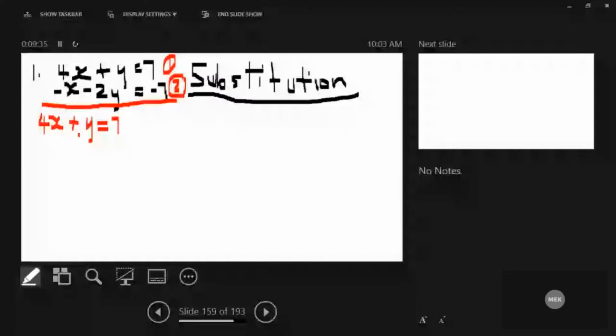Now I'm going to transpose to make y the subject of the equation, which means I'm going to move the 4x over to the right, and it's going to become -4x. Another way of saying that is I'm going to subtract 4x from both sides, so that cancels out on the left, and on the right I'll have -4x.